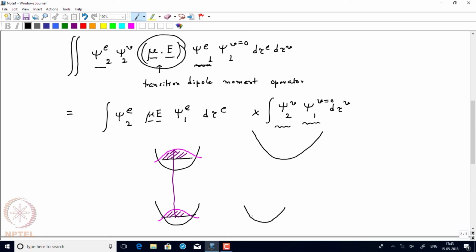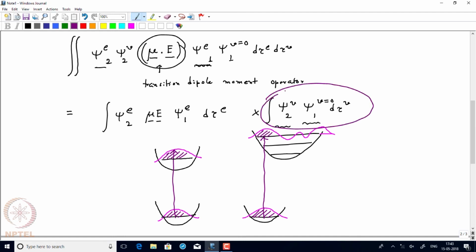So what will happen, I will start from v equal to 0, but I will try to end up, since it has been shifted, with some excited state wave function that has some amplitude of vibration at the corner, because if you remember that when I am exciting vertically, I am ending up in a corner, so that I will have some vibrational amplitude overlap, which is given by this Franck-Condon factor. So this vibrational overlap is known as a Franck-Condon factor.